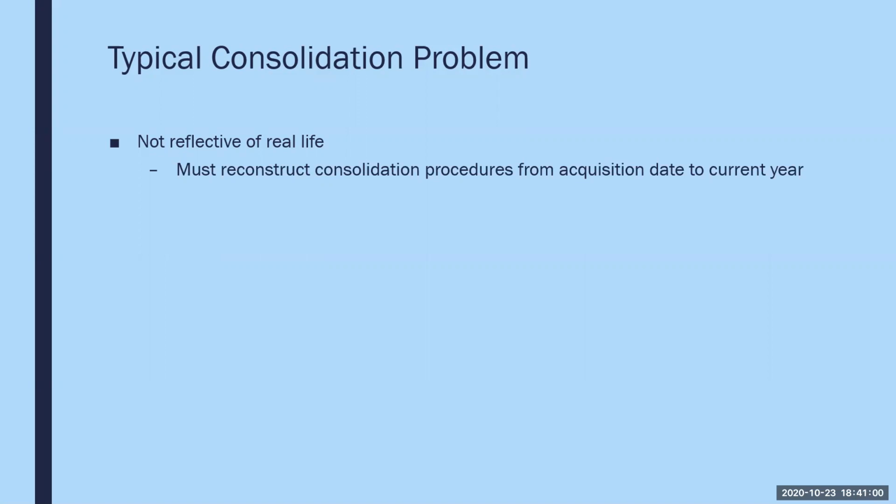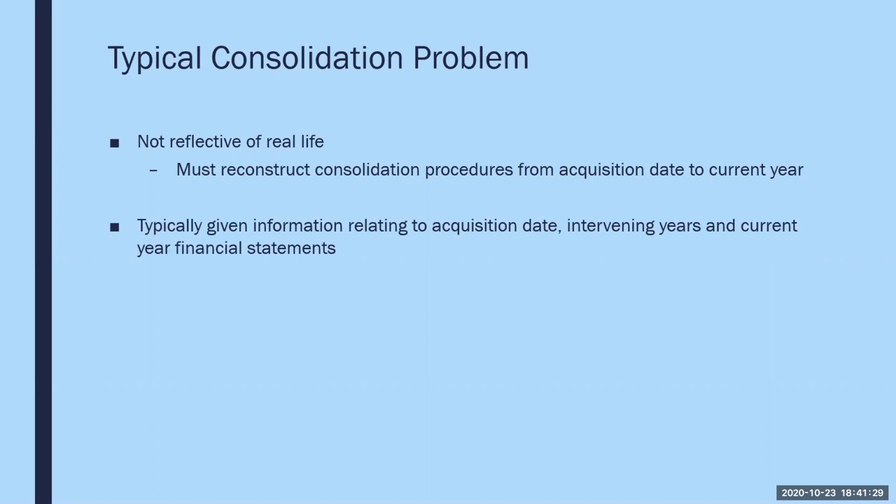Now that doesn't happen in real life at all. You will have access to last year's consolidated financial statements, last year's working papers, and so the actual act of consolidation is not as exhaustive as it would be if a typical course level consolidation problem were to ever surface in real life.